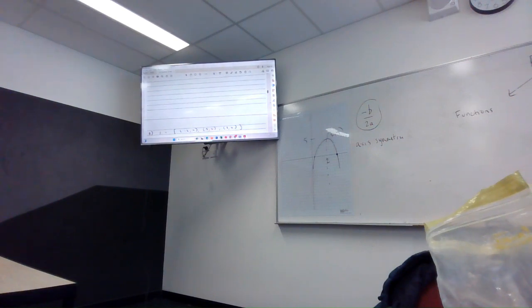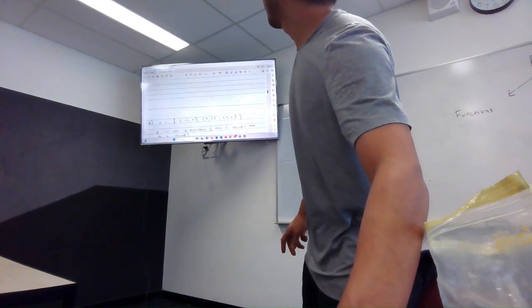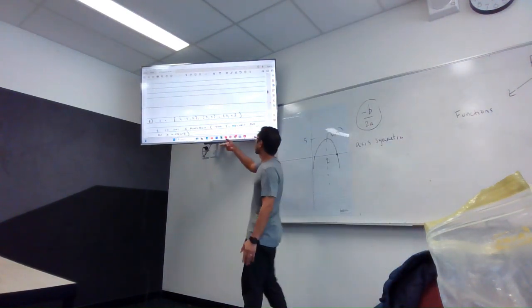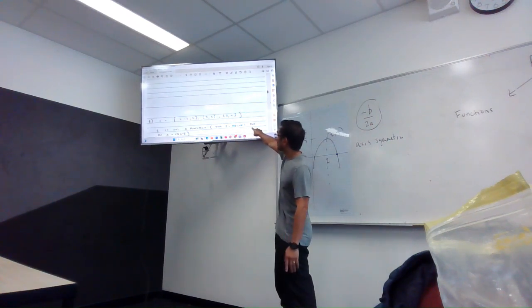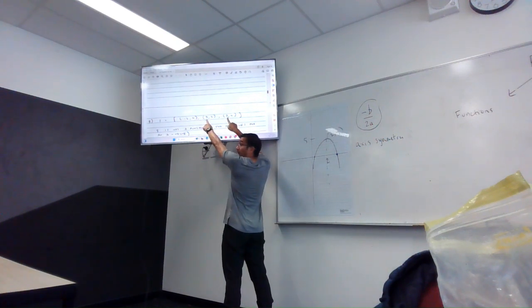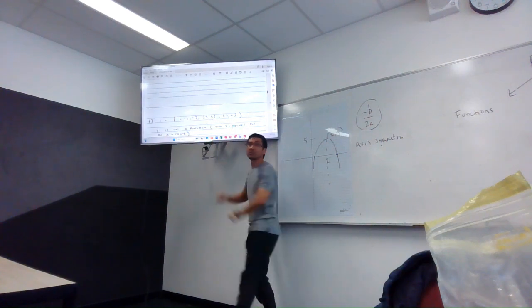No sharing allowed. S is not a function. As Chris said, 2 y values for an x value specifically. X is 3, but at 3, it's also 2, and it's also 4.